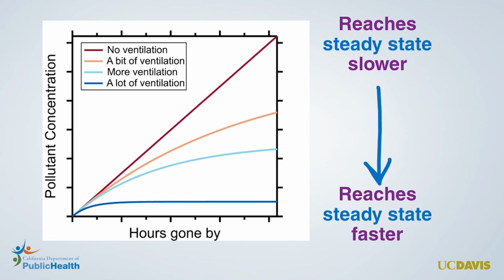When things are removed faster, a steady state is actually reached faster. But more importantly, if steady state is reached faster, this means that the removal processes are more effective. In this case, the actual amount of germ-carrying particles would be lower, and this reduces the overall risk.